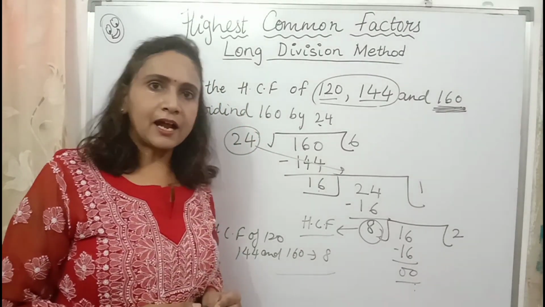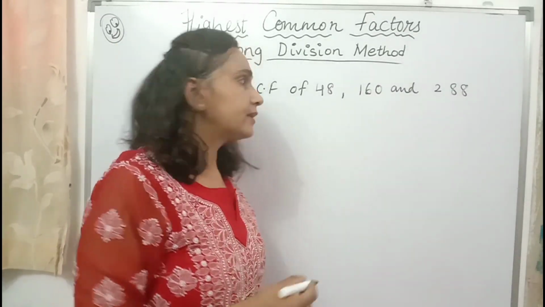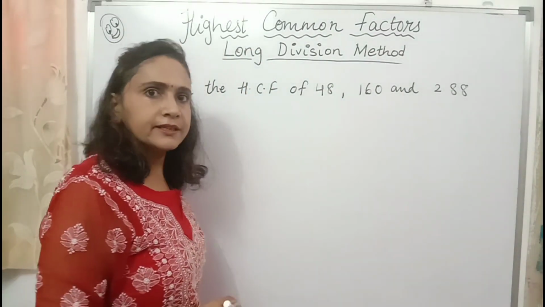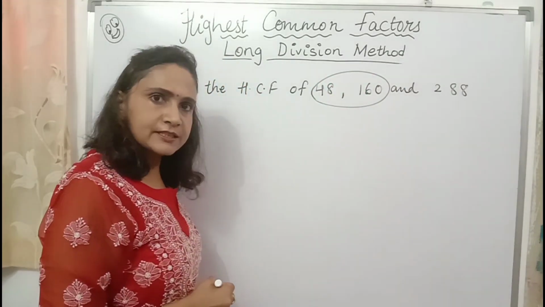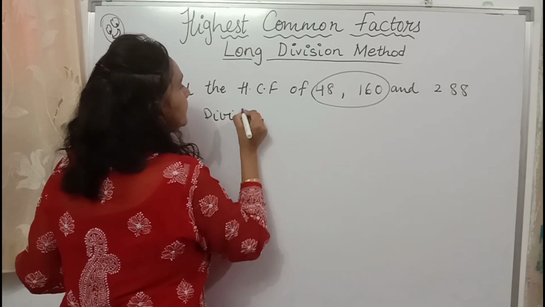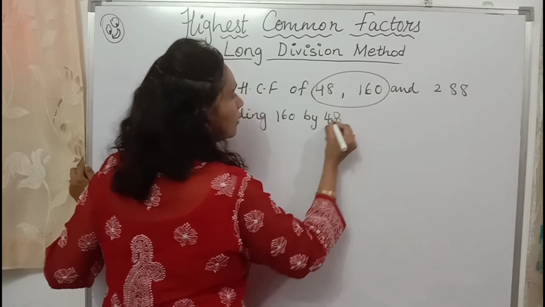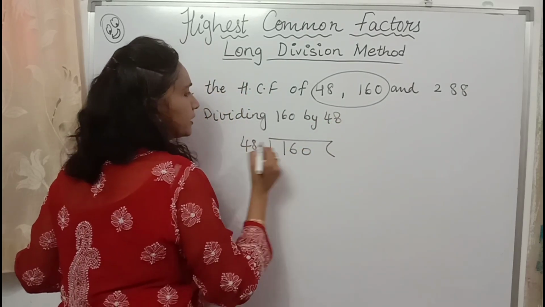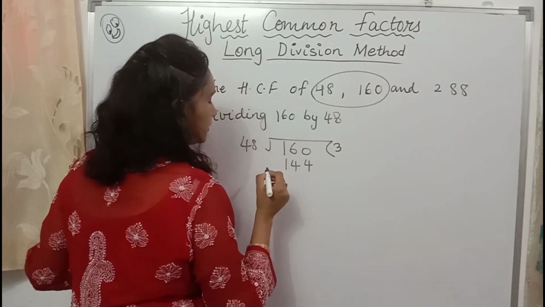Is 8. Understood? Let's take one more example. Now let's see this example. Find the HCF of 48, 160 and 288. So again, what will we do? We will take any 2 numbers first and find their HCF. So dividing 160 by 48. 48 3 times is 144.